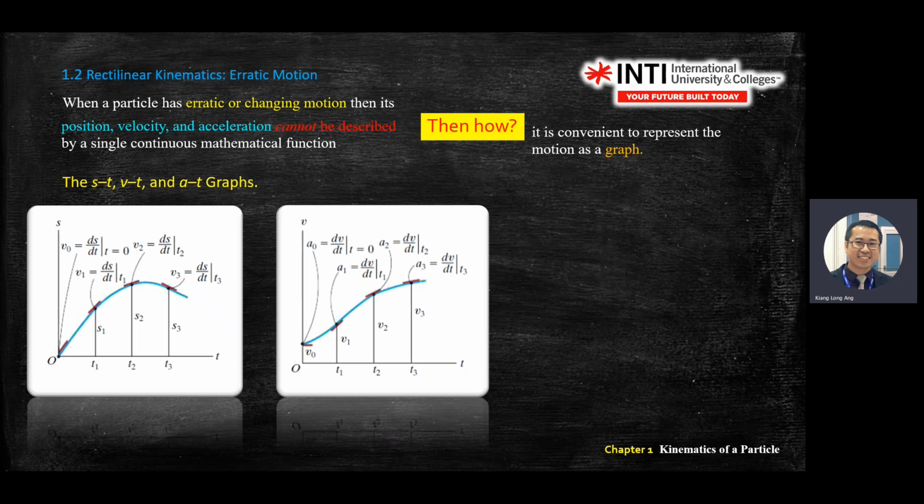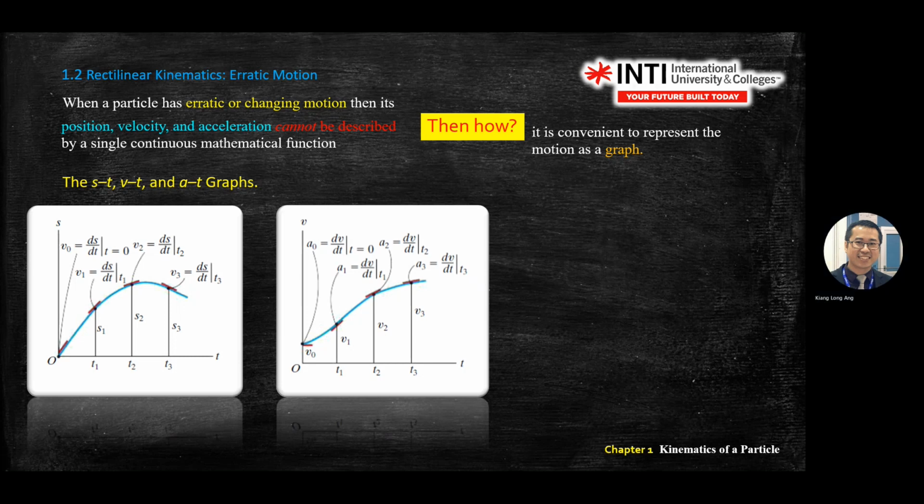Velocity versus time graph. Again, I give you a quadratic motion. Same, y versus x. Now your graph is V versus T. V versus T, what do you get? Acceleration.